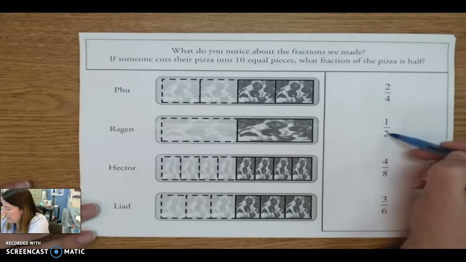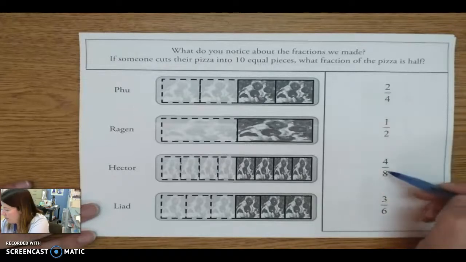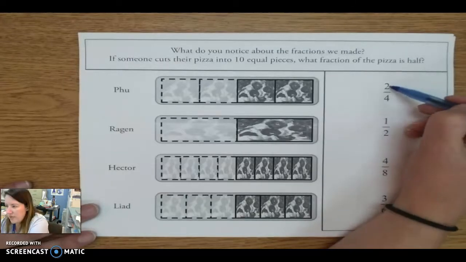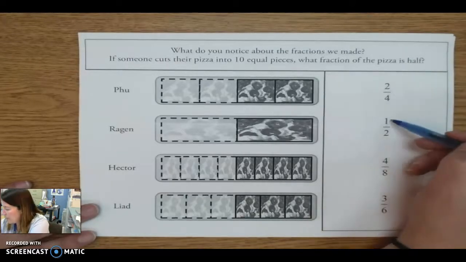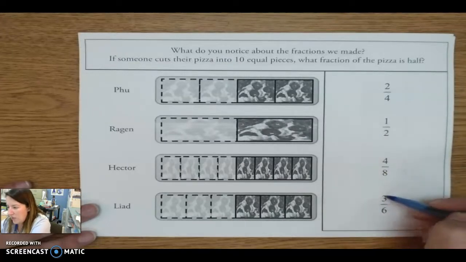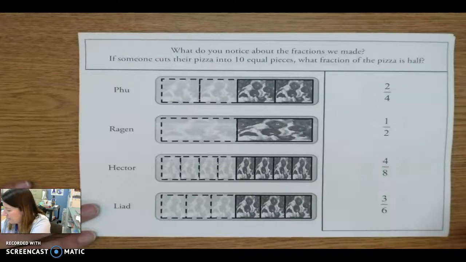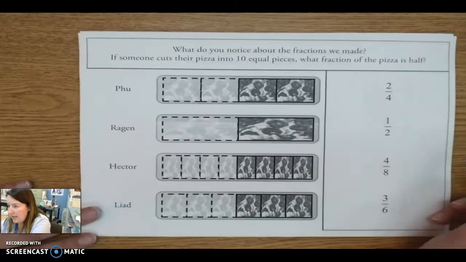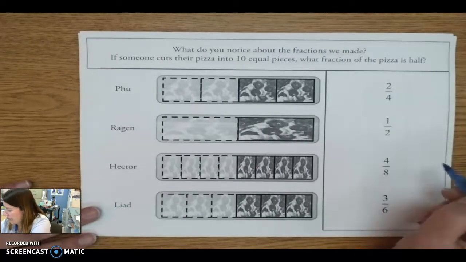Okay, 2 and 1, what's half of 2? 1. What's half of 8? 4. What's half of 6? 3. Or even doubles. So what's 2 doubled? 4. What's 1 doubled? 2. What's 4 doubled? 8. What's 3 doubled? 6.